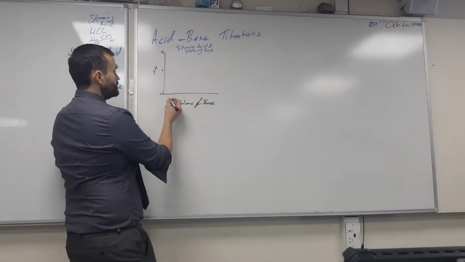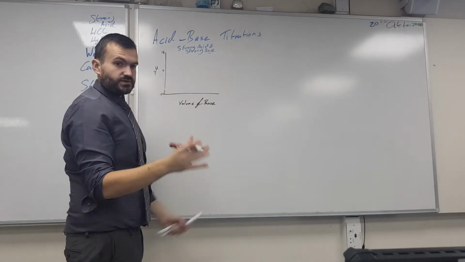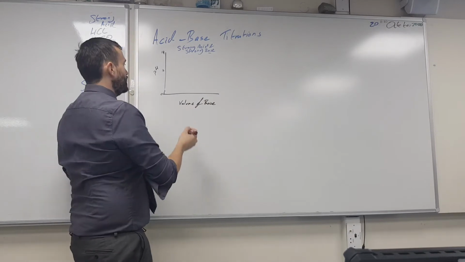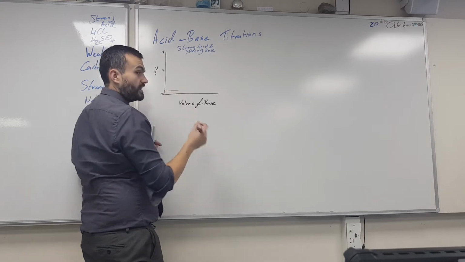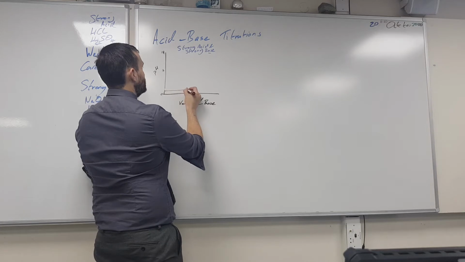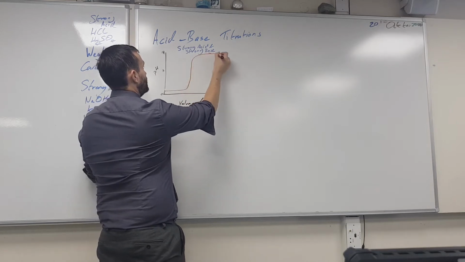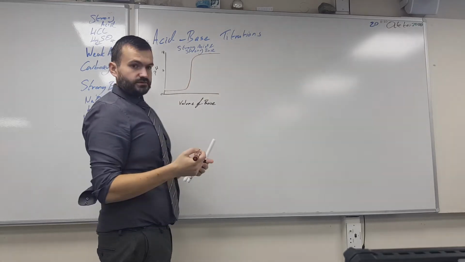As we add 0 sodium hydroxide, the pH is going to be about 1-ish, because it's a strong acid. And as we add more base, the pH is going to change very, very slightly, maybe not at all. And then suddenly, it's going to go up like that. And our pH will suddenly change.